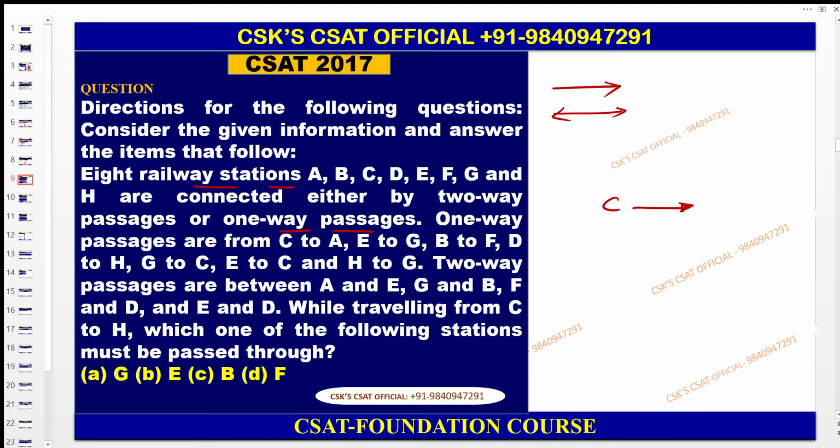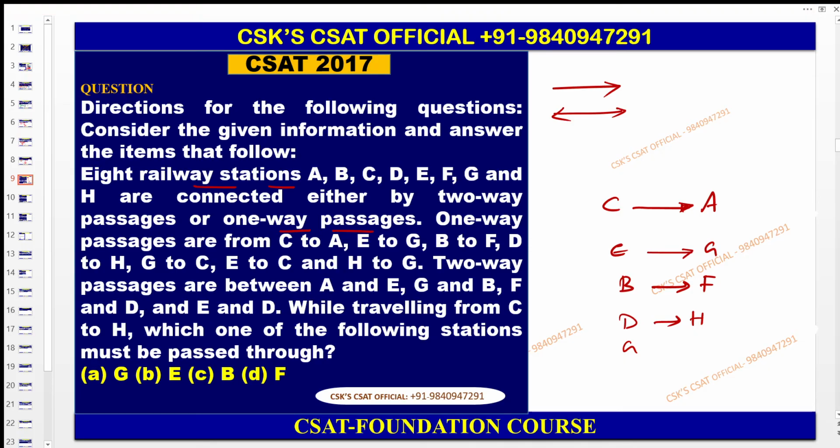So here C2A one way, then E2G one way, B2F one way, D2H one way, G2C. Now try to understand G2C.